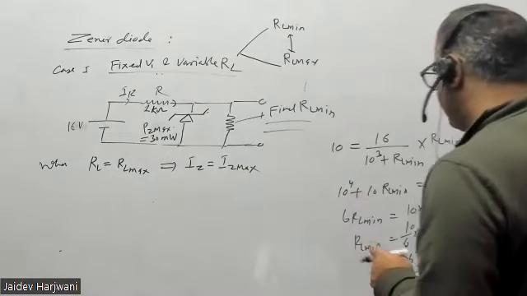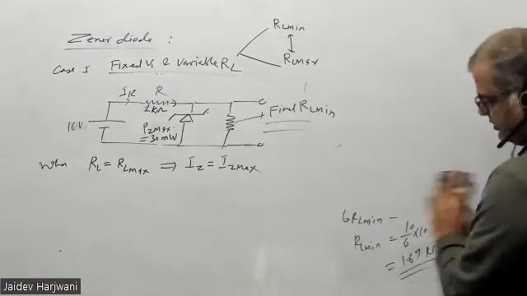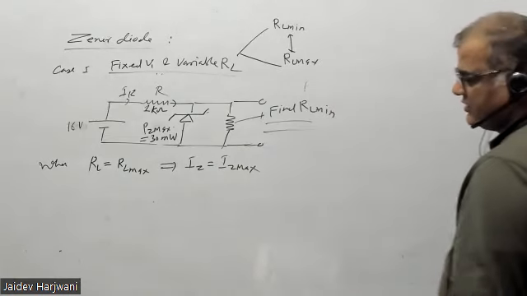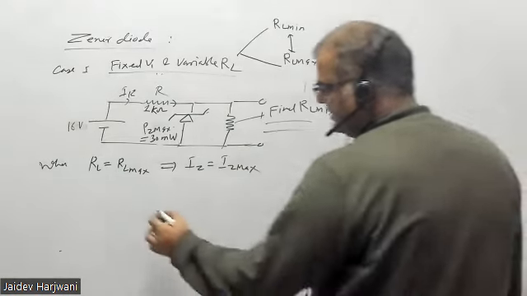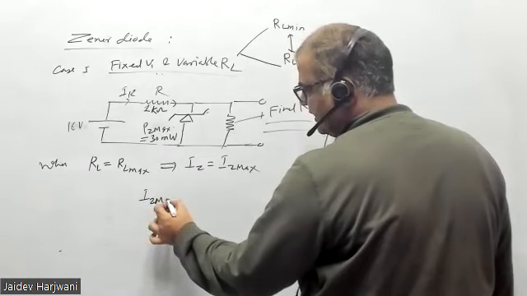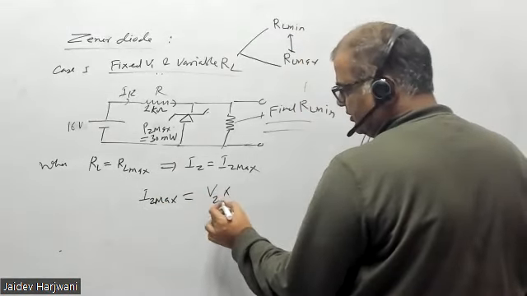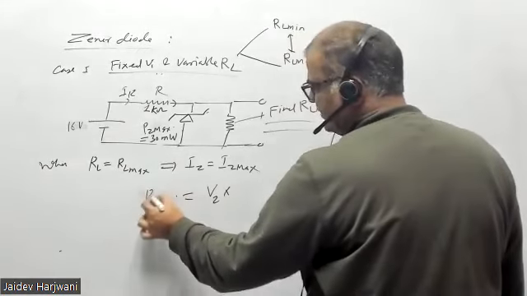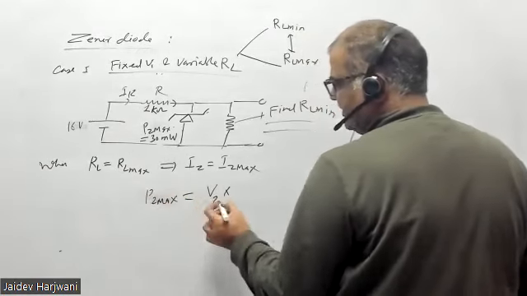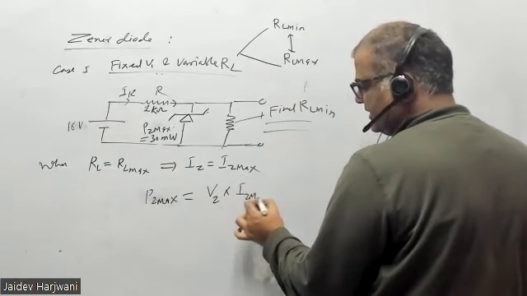Okay, so let us find now what is IZ max in this question. IZ max you can find by PZ max, which is VZ into IZ max.